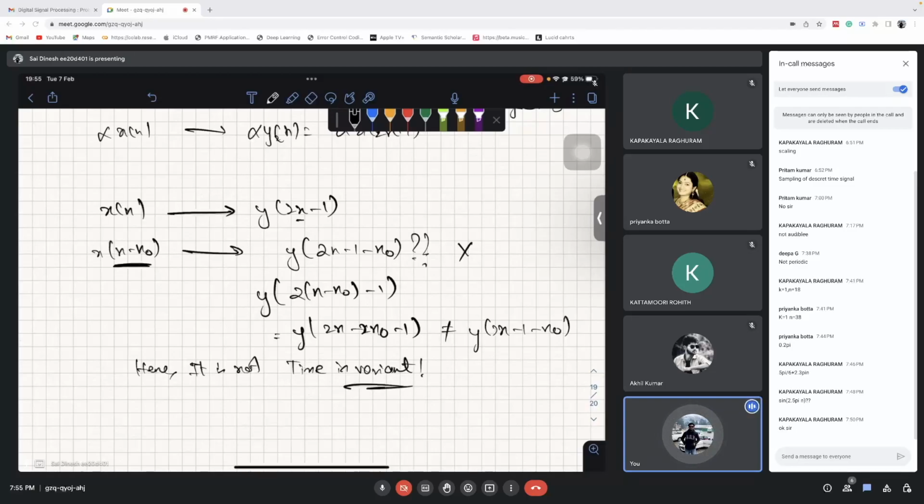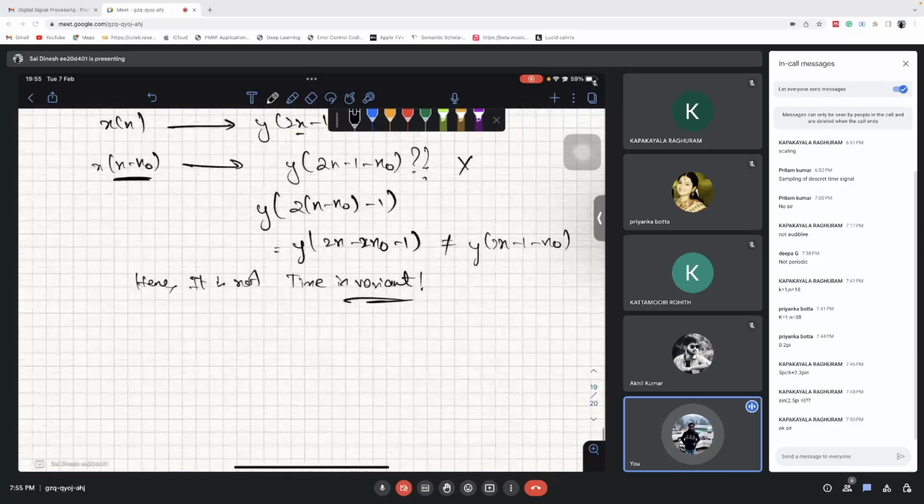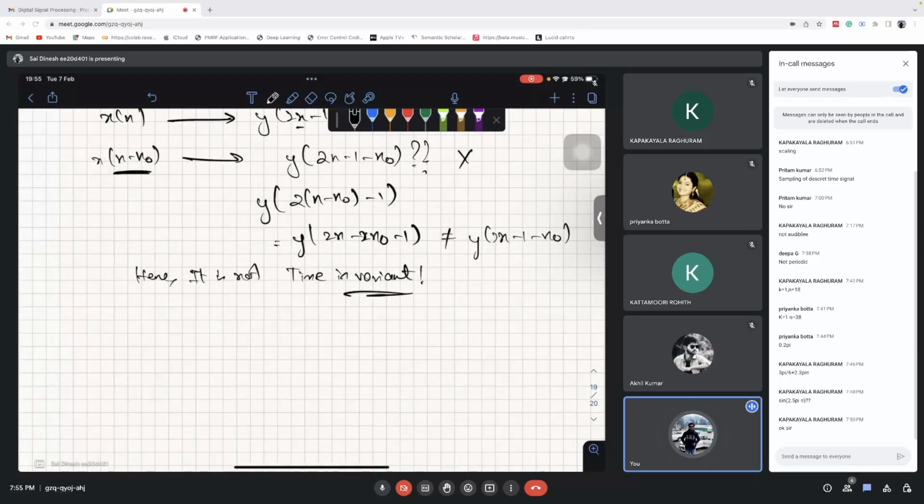So whatever you're doing, shifting or scaling, you apply it only to the independent variable, correct? Only if you apply it to the independent variable, you see if it is variant or time invariant. Here it is not time invariant, right?